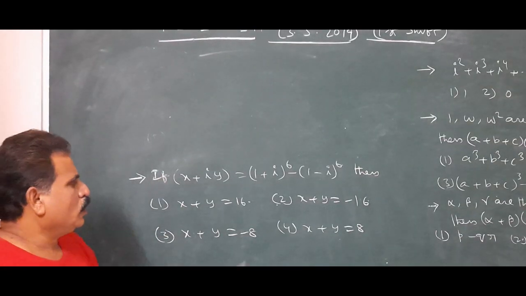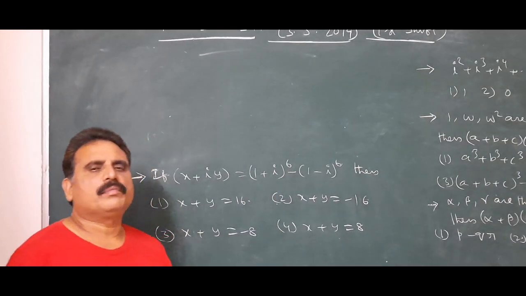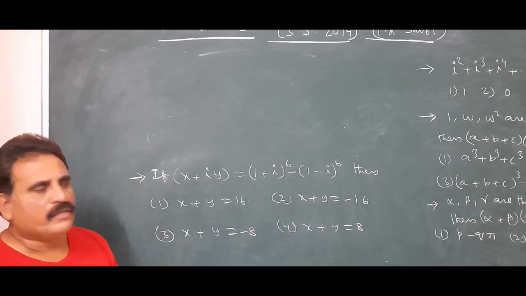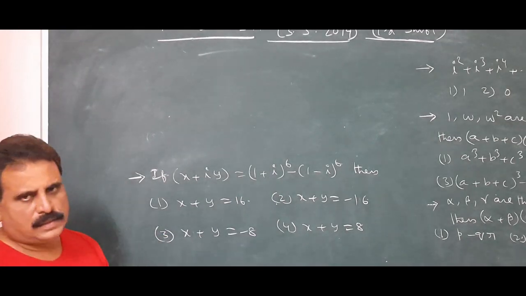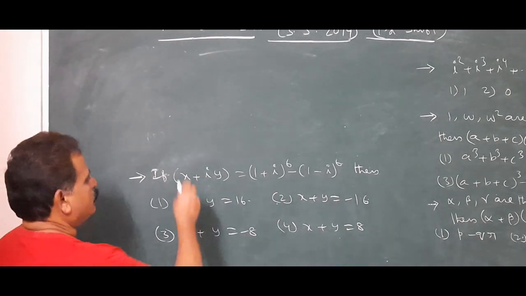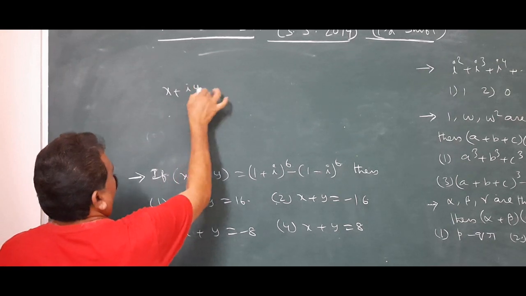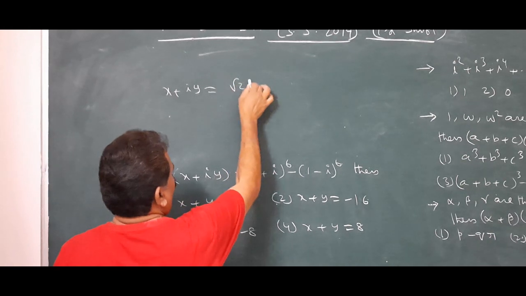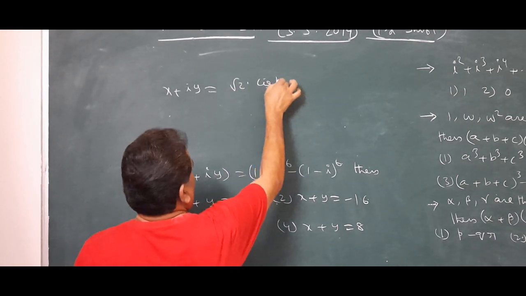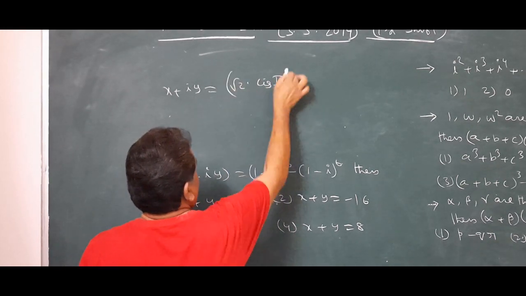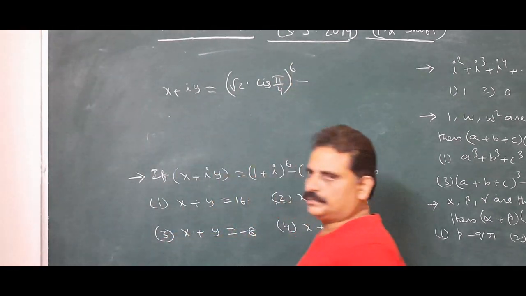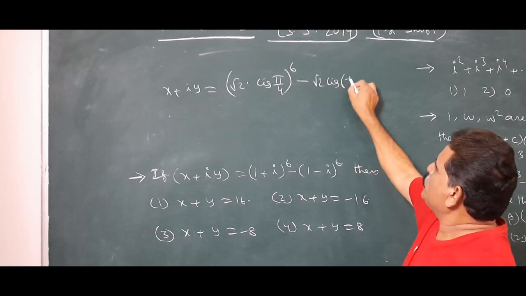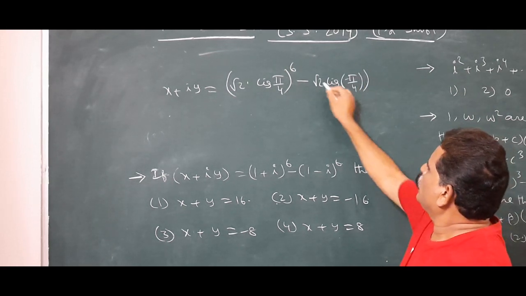Now, second question. If x plus iy equals (1 plus i) whole power 6 minus (1 minus i) whole power 6, find the values of x and y. Change 1 plus i to modulus amplitude form: x plus iy equals (root 2) whole power 6 into (cos pi by 4 plus i sin pi by 4) whole power 6 minus (root 2) whole power 6 into (cos pi by 4 minus i sin pi by 4) whole power 6.